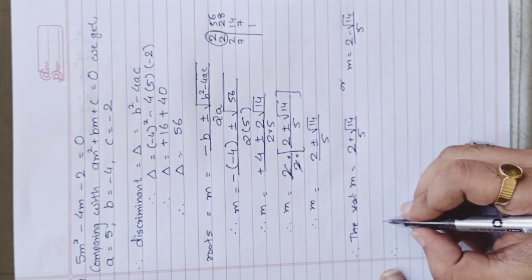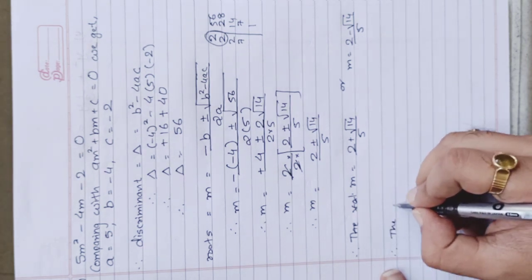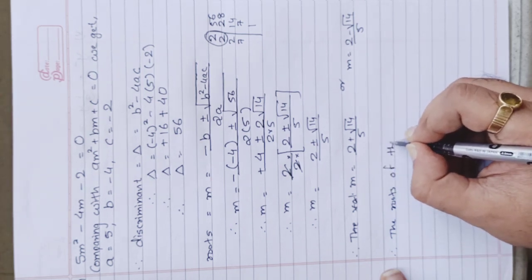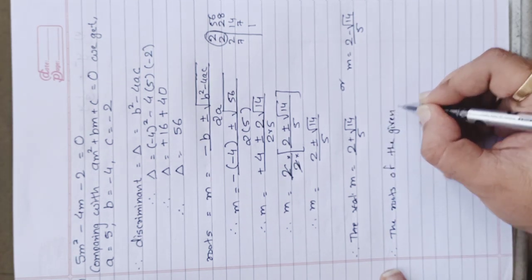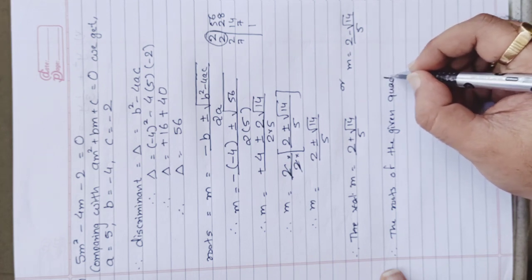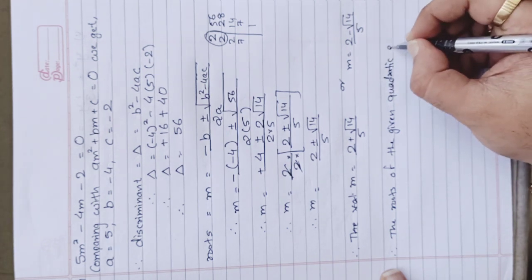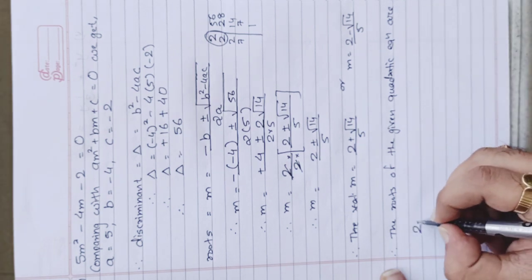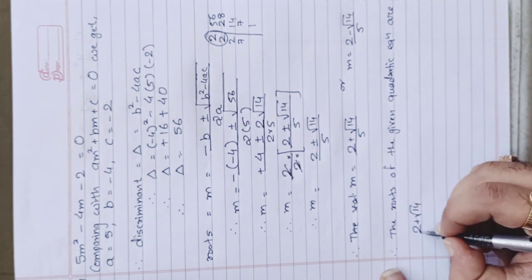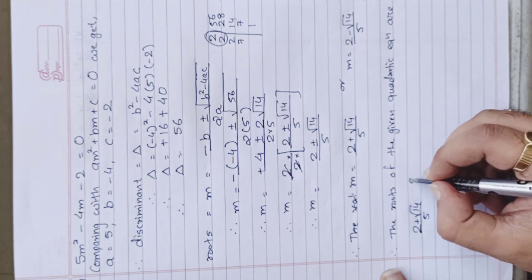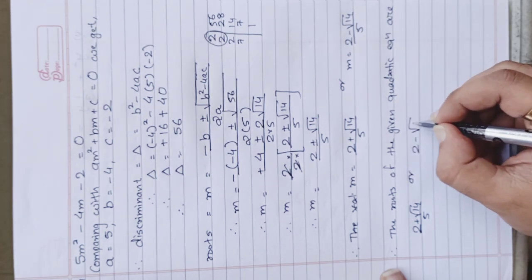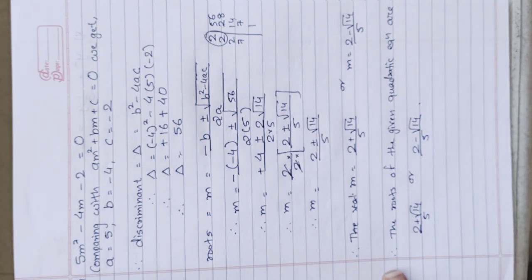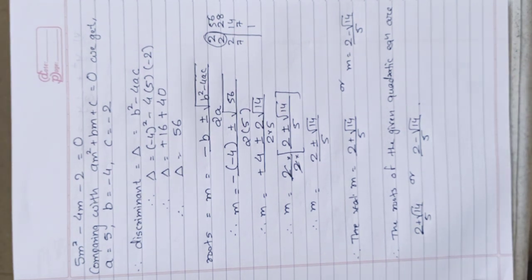Therefore the roots of the given quadratic equation are 2 plus root 14 by 5 or 2 minus root 14 by 5. That's all. This is the end of sum number 4.